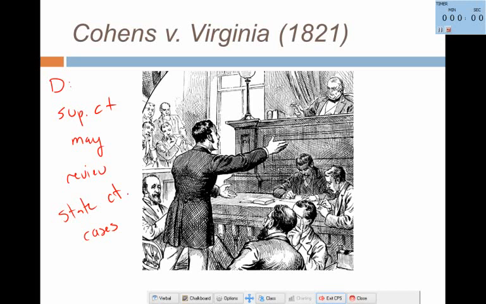Supreme Court. Let me explain the background of this case. So Cohens was selling illegal lottery tickets. And so the state of Virginia found him guilty. And so he sued all the way up to the Supreme Court. And when the Supreme Court received the case, they heard it and they said, yeah, you're guilty, Cohens. Sorry, Virginia was right. You're going to jail.